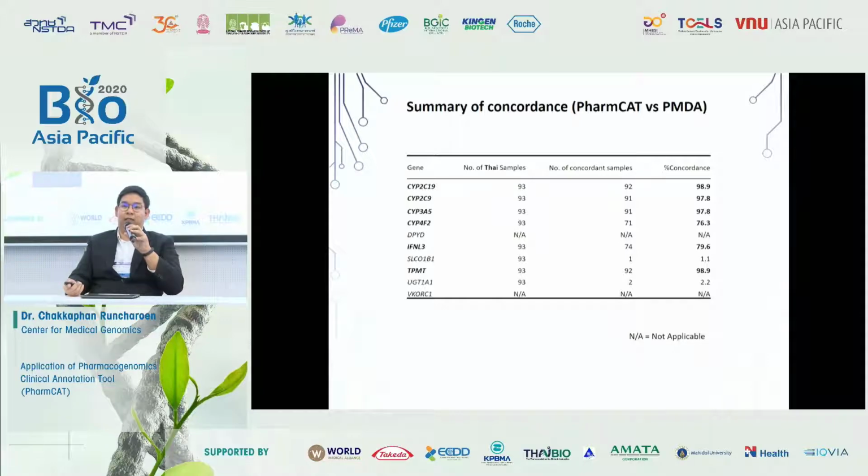It's quite high in the CYP2 genes, IFNL3 and TPMT genes, and low in SLCO1B1 and UGT1A1. This has been discussed, because these two genes are still not well established for star allele nomenclature, and the allele definition for these genes is different between different platforms.